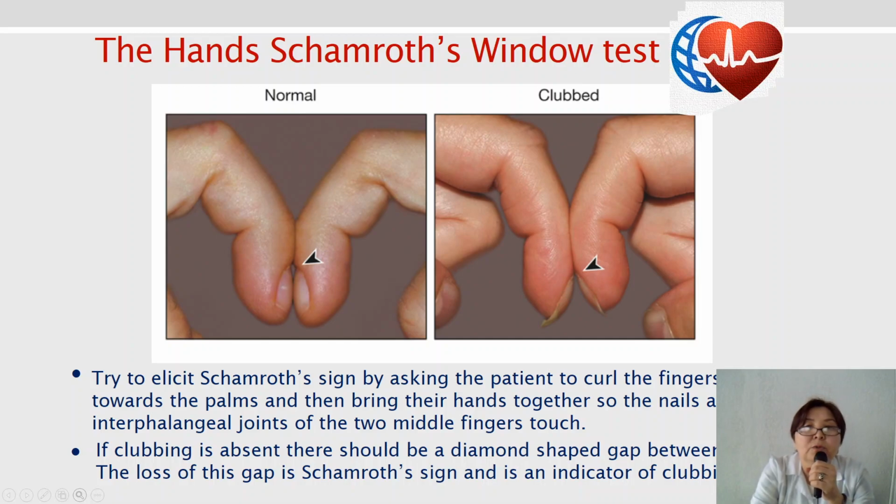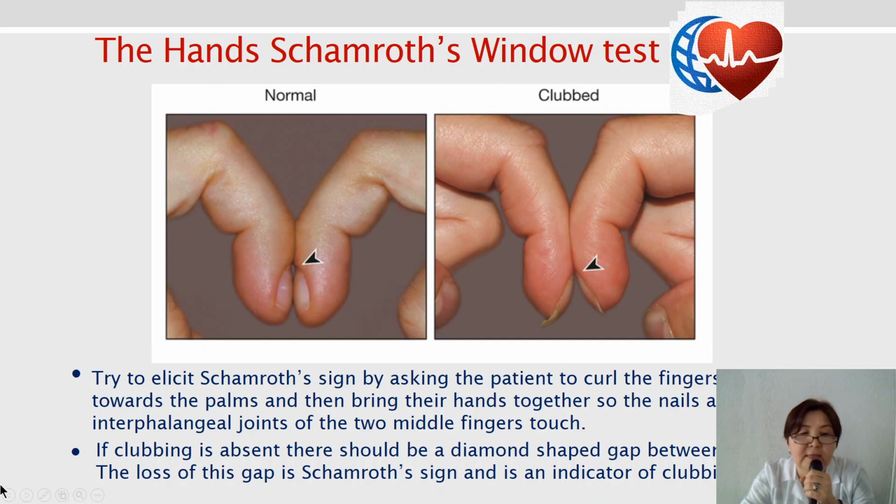The Schamroth's window test. Normally, the fingers should be like this. Try to elicit Schamroth's sign by asking the patient to curl the fingers of both hands towards the palms and then bring their hands together so the nails and distal interphalangeal joints of the two middle fingers touch.